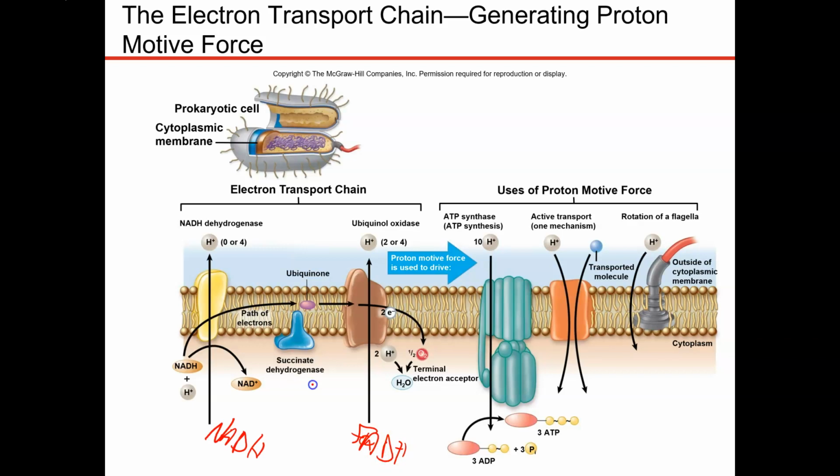But instead of complex 2, we have succinate dehydrogenase, we have ubiquinol oxidase, and we have different mechanisms of moving those hydrogens. So we have ATP synthase in the aerobic mechanism, but we have an active transport mechanism, a pump that pumps materials across as well.